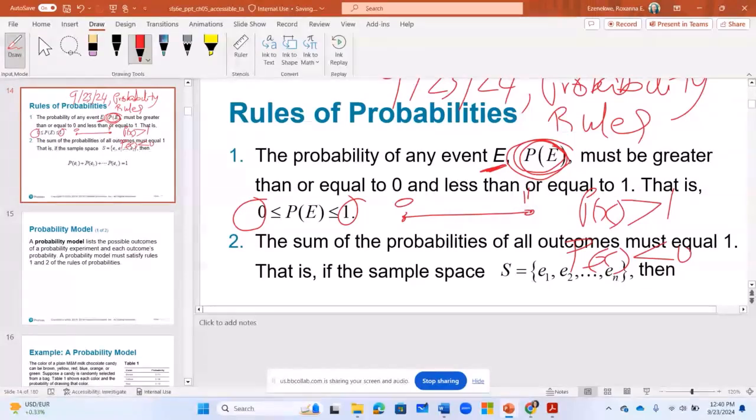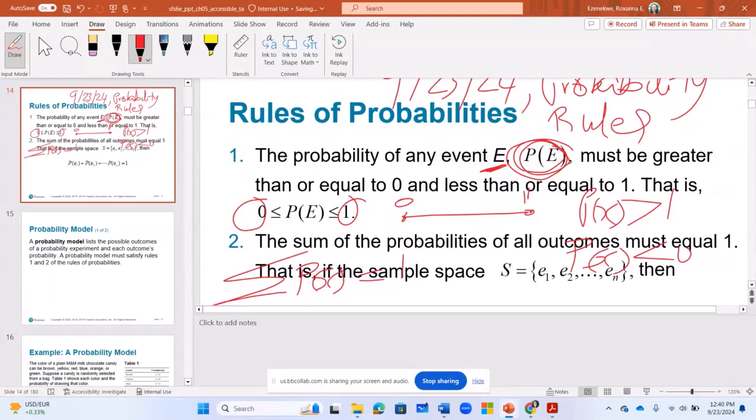The sum of all the probabilities must be 1. The sigma of all the probabilities of X must be equal to 1. That is why we say that the area under the normal curve is 1. The total probability is 1.